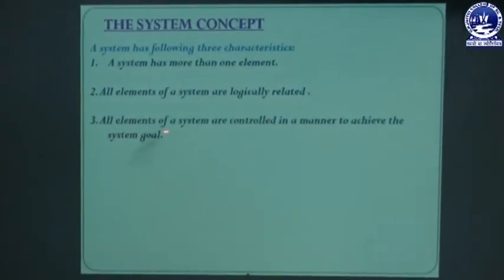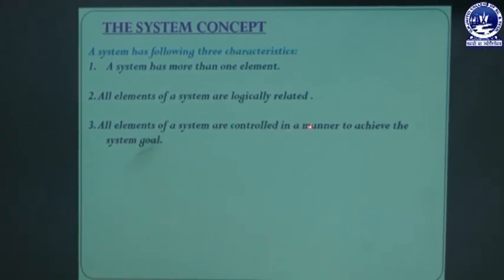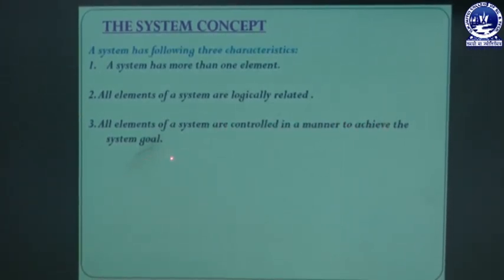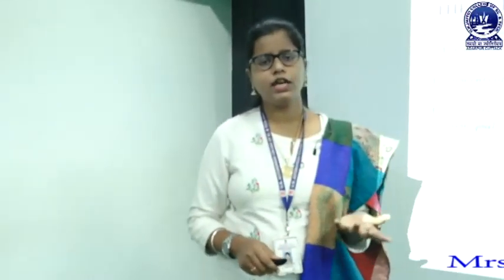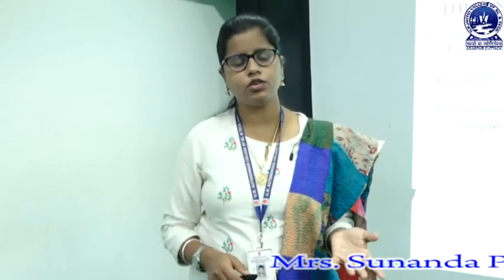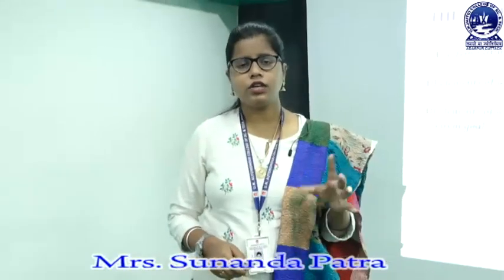The third characteristic of the system is that all elements of a system are controlled in a manner to achieve the system goal. Yes, our computer components are actually controlled by the control unit. The control unit will decide which job is executed first, which job will be executed last, and how we are going to execute depending on the instruction.